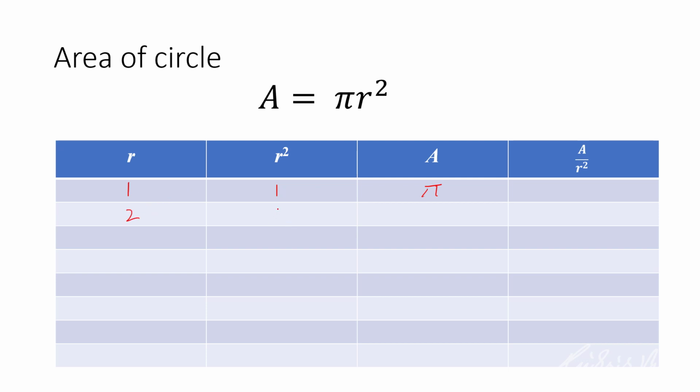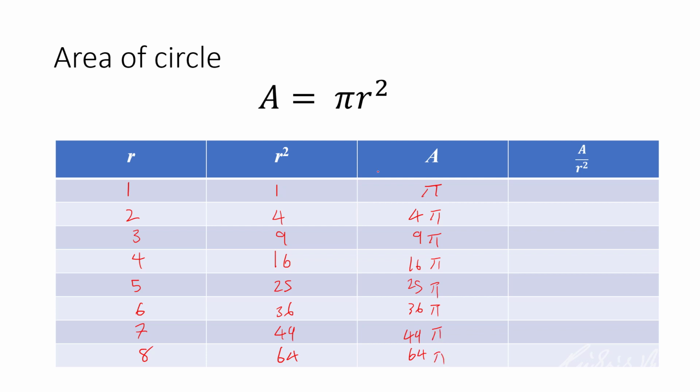If the radius is 2, r squared value is 4, area is 4 pi. 3, then I'll get 9 pi, for 16 pi, and so on and so forth. Alright, so I have 25, 36, 49, 64 pi.